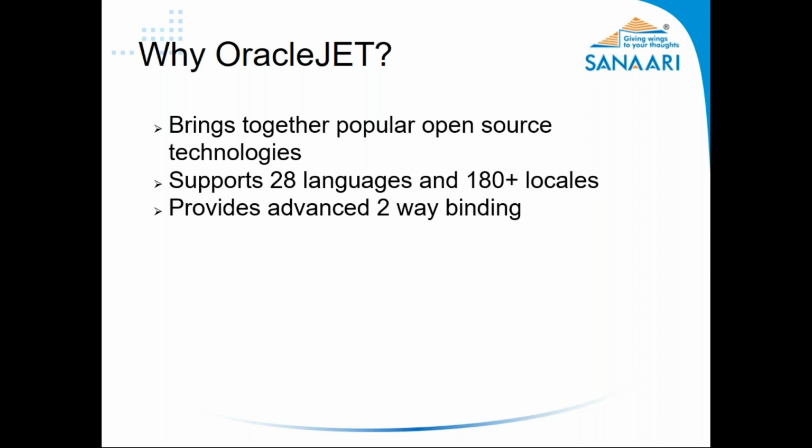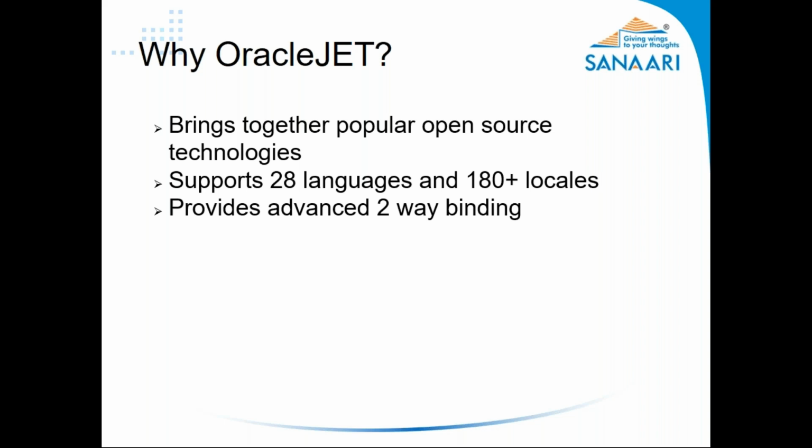And it provides advanced two-way binding. I'll explain what binding is. There is a model called MVC, model view controller. Here the model represents the database, views represent the UI pages, and the controller is the underlying code which we use to process the data.